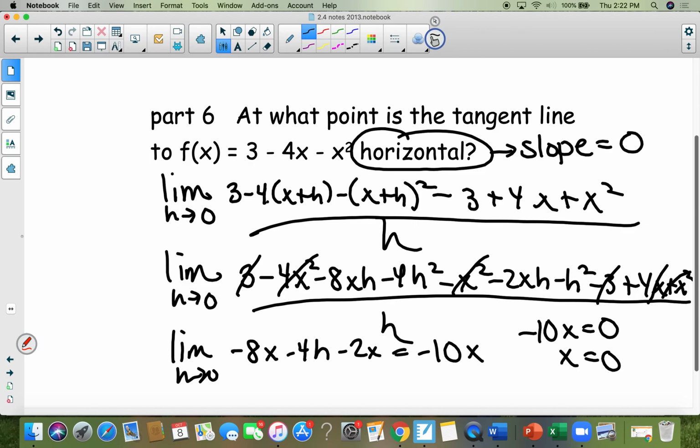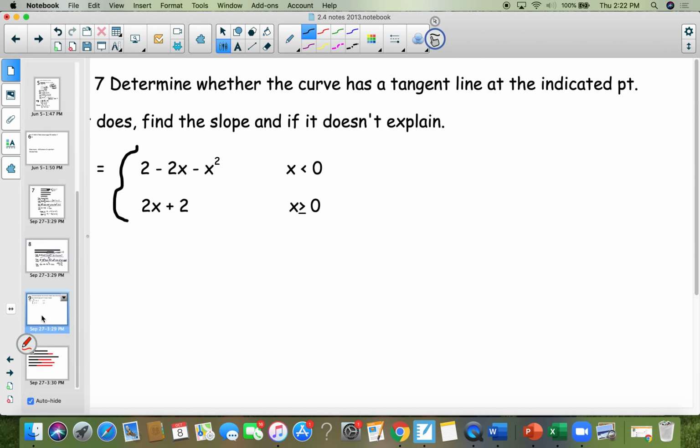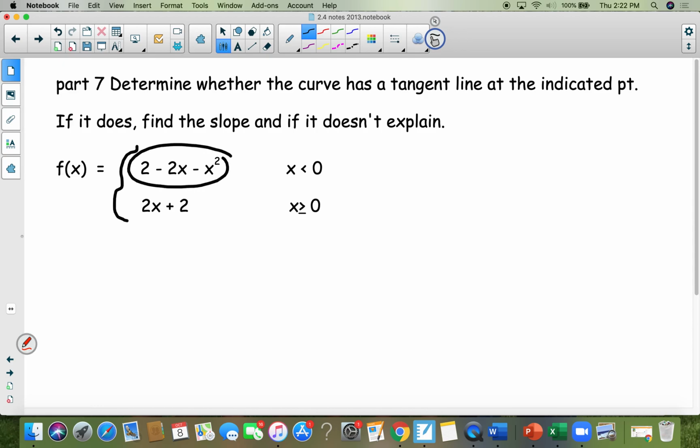Okay, last problem. I don't know if we're gonna finish, we have 3 minutes. Determine whether the curve has a tangent line at the indicated point. If it does, find the slope, and if it doesn't, explain it. So basically, maybe for notes tomorrow or maybe tonight, you're gonna find the derivative of that one on your own.